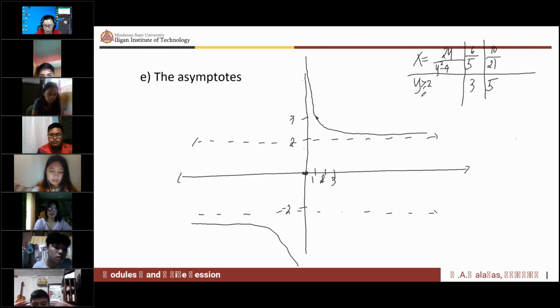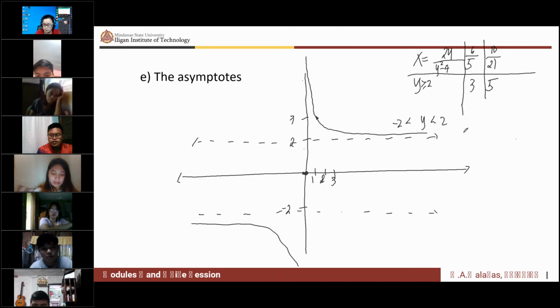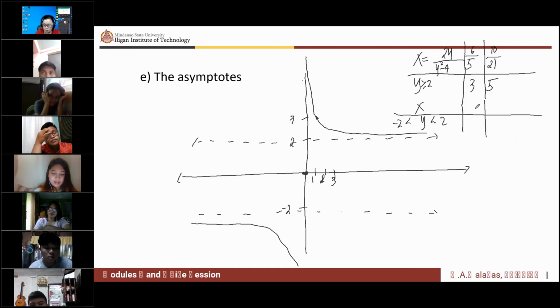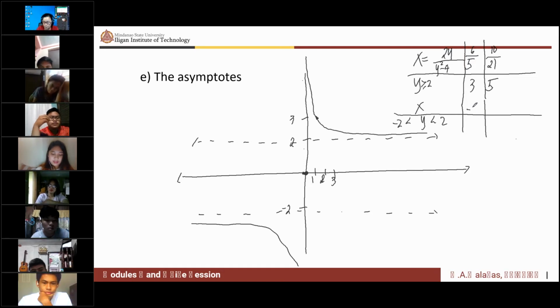And then we take some points between negative 2 and 2. Suppose y equals -1. That's between -2 and 2.